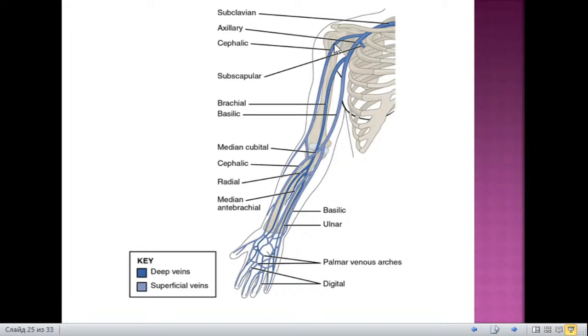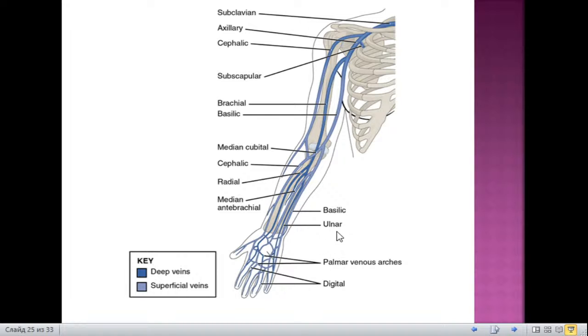After that it pierces the space between the deltoid and pectoral muscles. I mean the major pectoral muscle, which is called the deltopectoral groove, and it drains into the axillary vein.